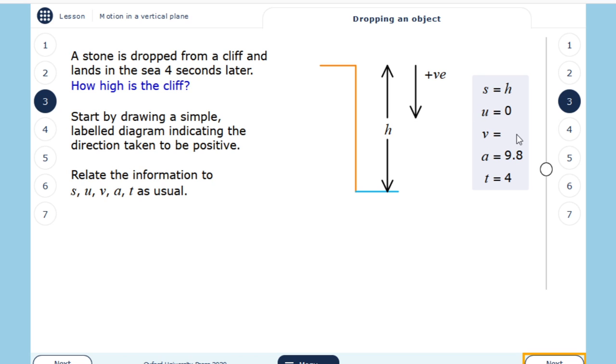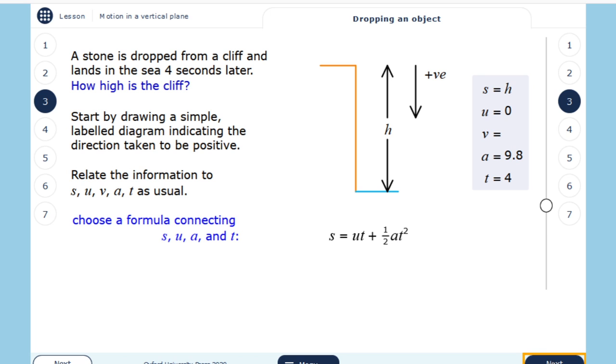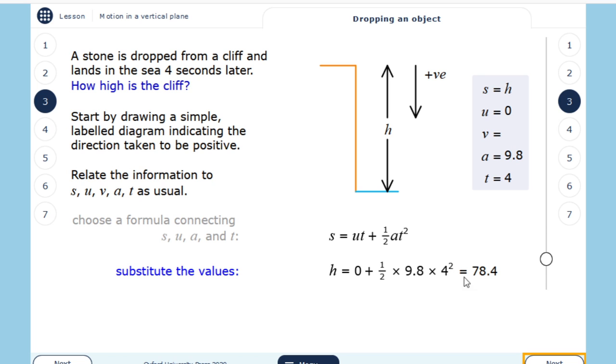A is the acceleration due to gravity, and T is 4 because it says that it needs 4 seconds. So which formula will I use? I will use the distance formula. It will be given again, I'm saying. So S is the initial speed times T plus 1 over 2 A times T squared. If I substitute, then the answer will be 78.4 meters.